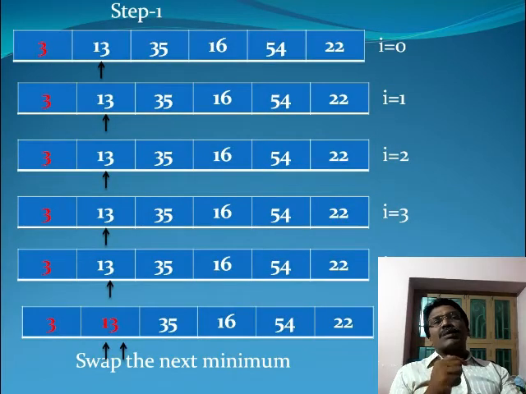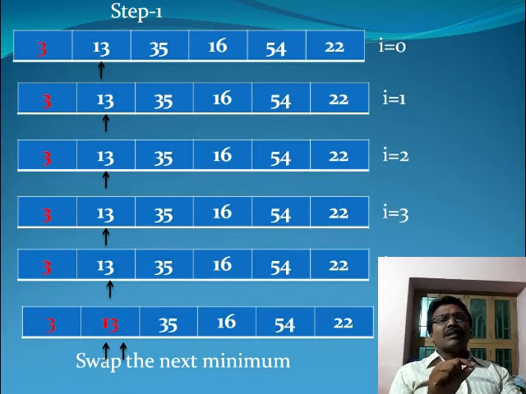Next, step 1. In this case, the first element 3 is always sorted, that is the 0th element.